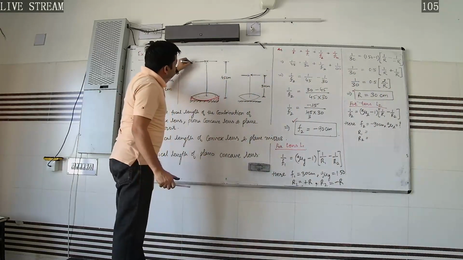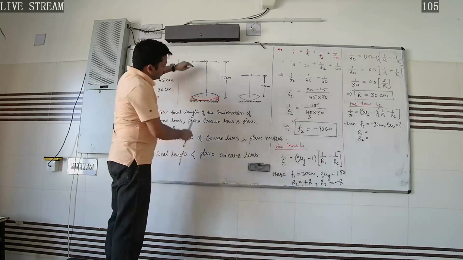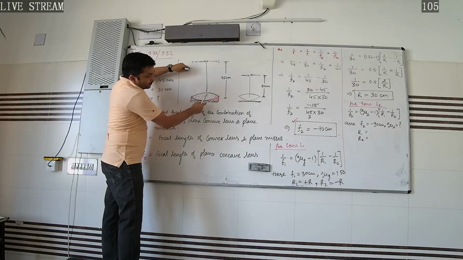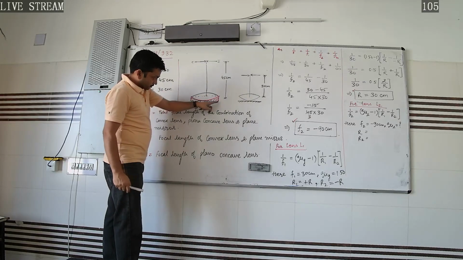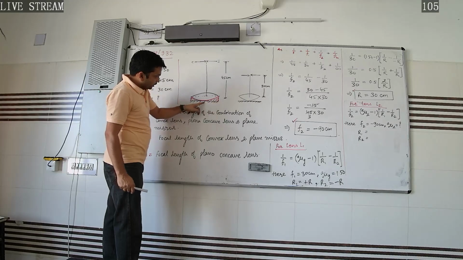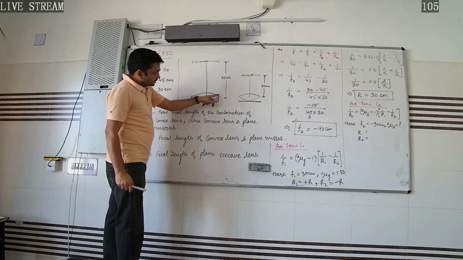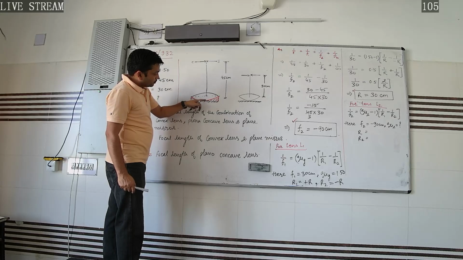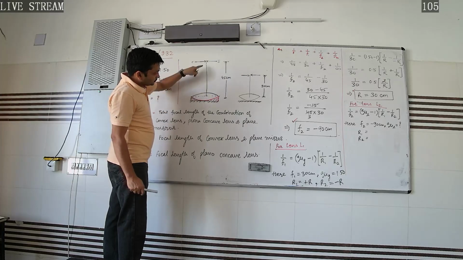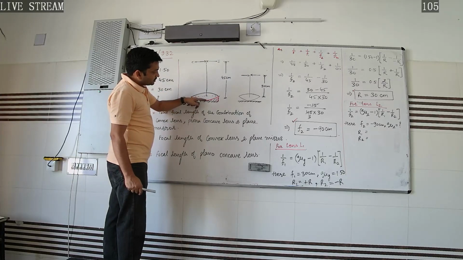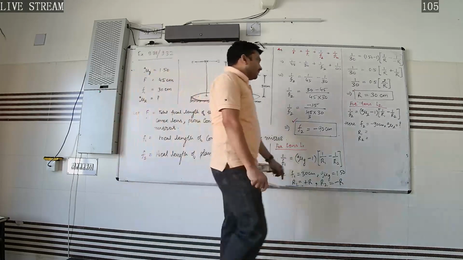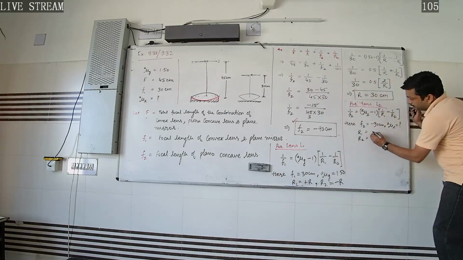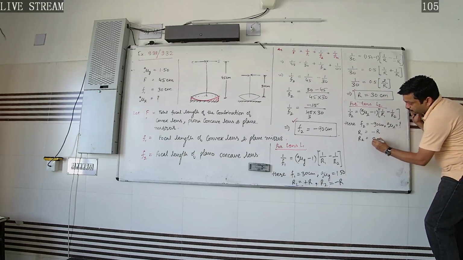Since this is the object and this is the image, this is our plano-concave lens, bounded by the two surfaces again, XP1Y and XP2Y. So here this is x1 and this is x2, so we can say this is R1 and this is R2. For this lens, R1 is taken to be negative and R2 is taken to be positive. So here I am writing R1 equals minus R and R2 equals infinity.